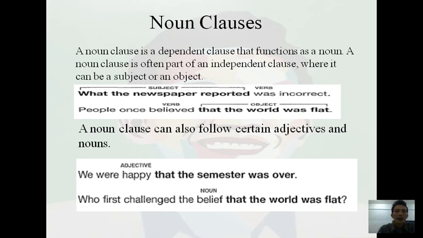Okay, remember here, a noun clause can also follow certain adjectives. After the adjective happy here, it is followed by the noun clause or dependent clause that the semester was over. Or who first challenged the belief, it is a noun, that the world was flat, it is a noun clause. It is like a dependent clause.